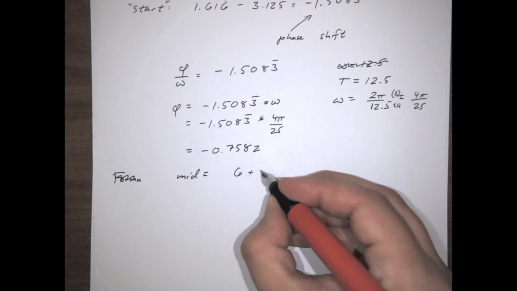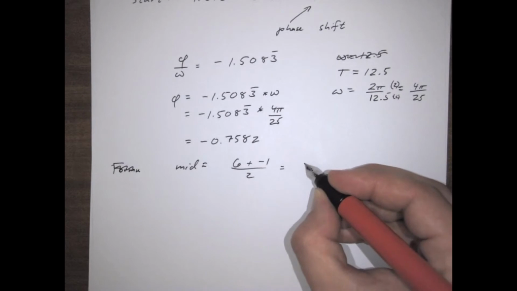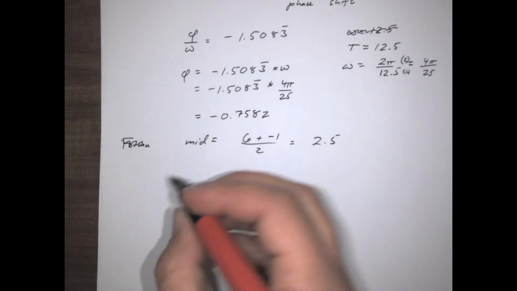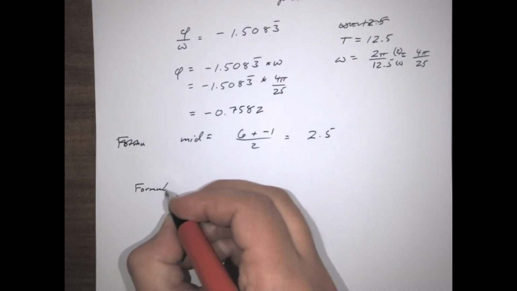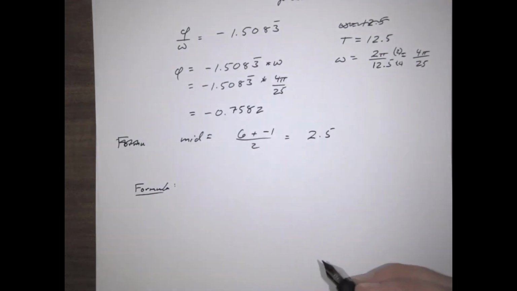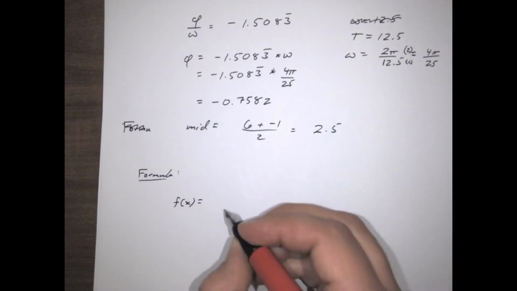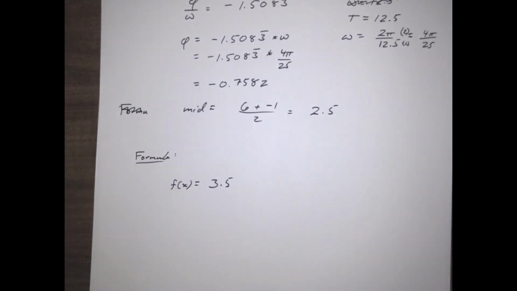So that's 6 plus negative 1 divided by 2, which is 5 over 2, or 2.5. So now we've got all the pieces. The amplitude here is just going to be the same as the A, because we've adjusted the phase shift in order to start our curve at the midline.